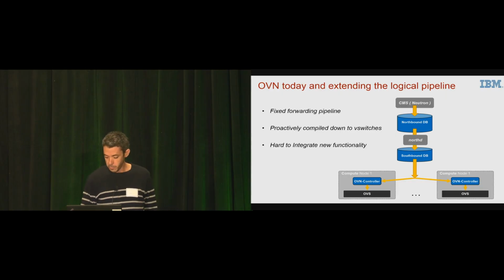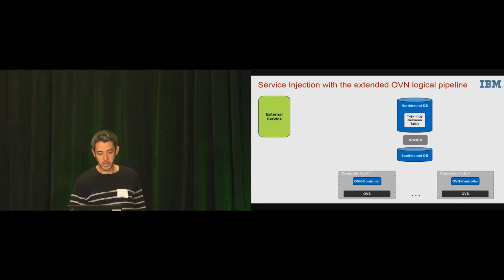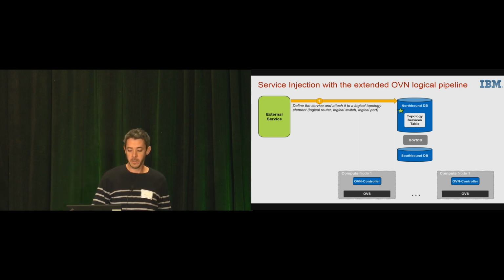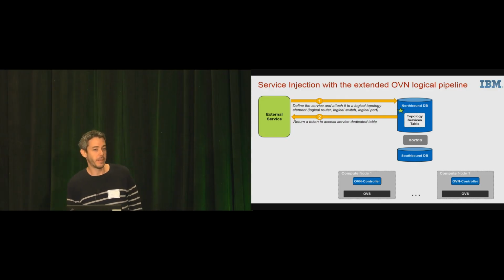So we are proposing a different way to do that, by service injection, by extending the OVN logical pipeline. On the left we have the external service, and it defines, with a new API of the northbound DB, a new service and attaches it to one of the logical topology elements: router, switch, or logical port. And then it gets back some kind of token for future access to the new dedicated table that was created for it in the logical pipeline.